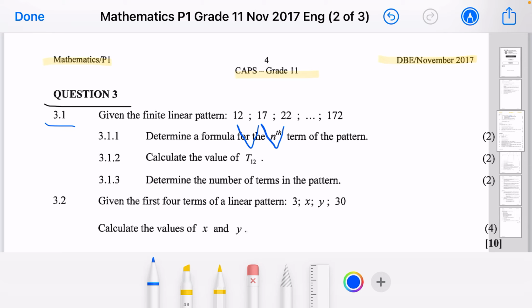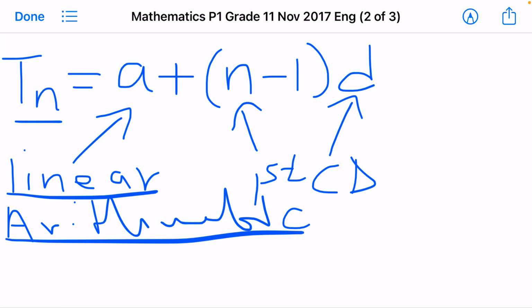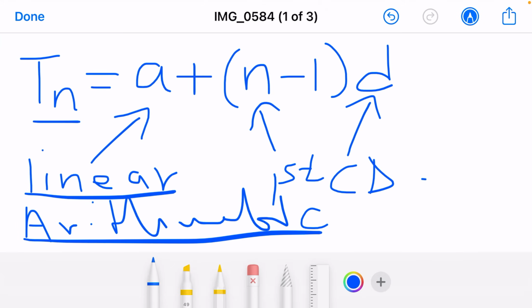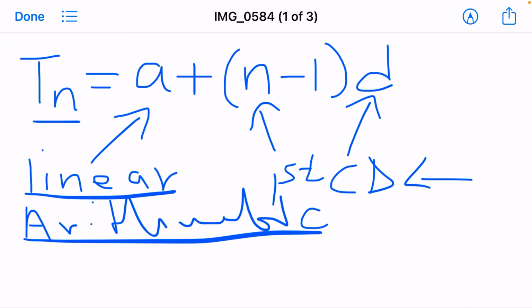linear pattern. So ladies and gentlemen, obviously 17 minus 12, I think it's 5, and again 12 minus 17, you can just punch on a calculator to confirm. It seems to be 5. Okay, so ladies and gentlemen, what do I mean when I say for an arithmetic sequence you should be having what we call a common difference?